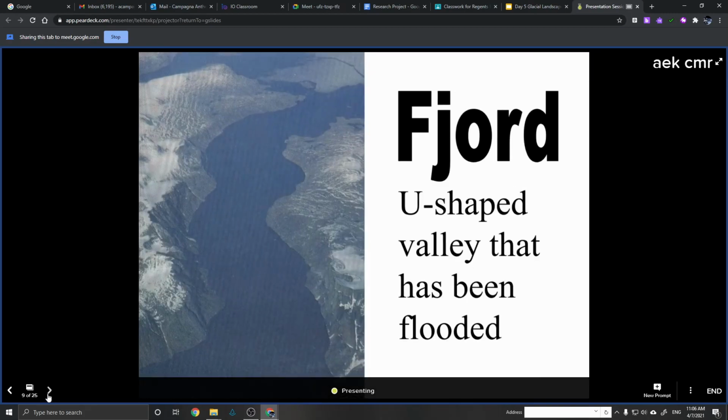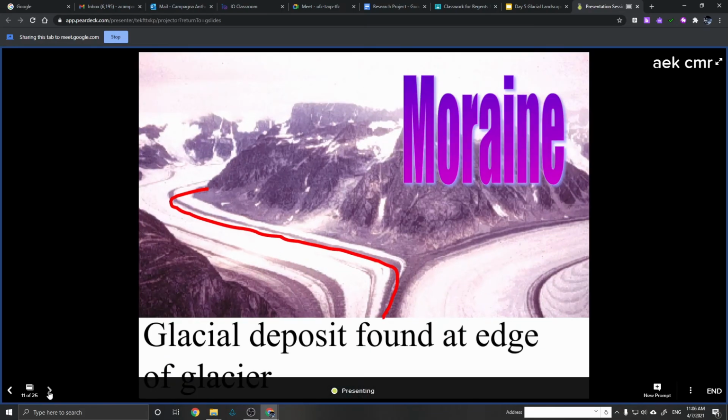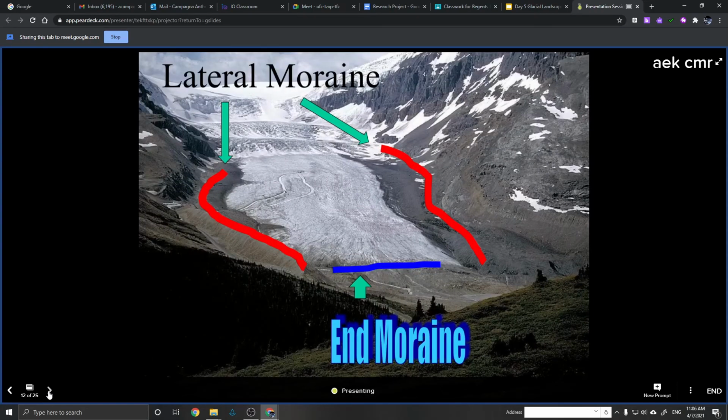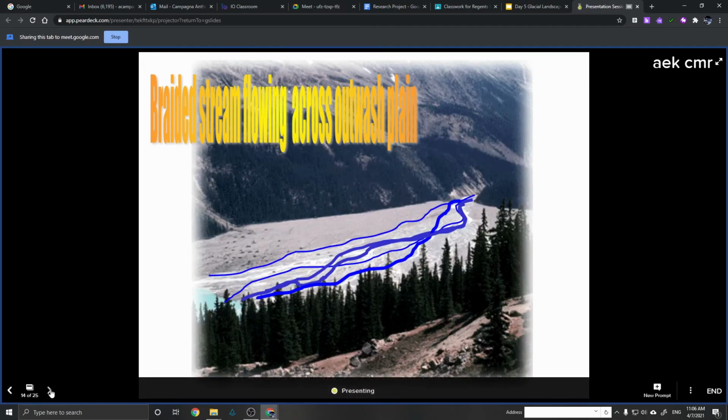Fjords. Fjords are U-shaped valleys that have been flooded. Moraines, piles of rocks collected on the sides or the end of a glacier. Lateral moraines are on the sides. End moraines are at the end. Outwash plain, all the water that comes off a glacier.